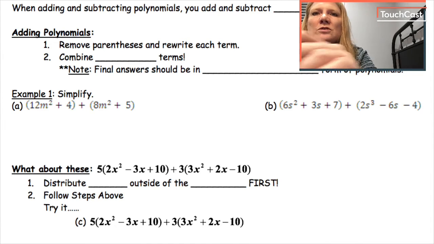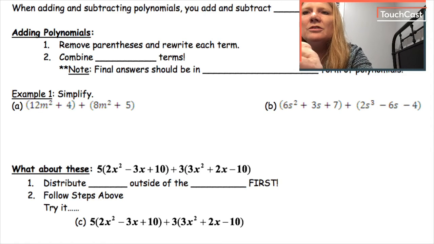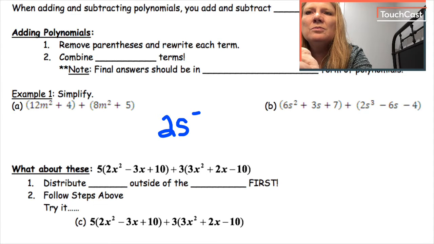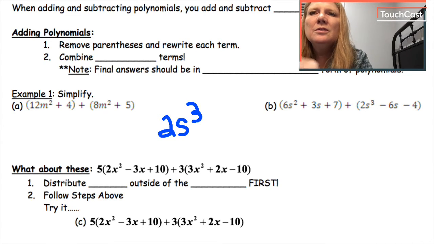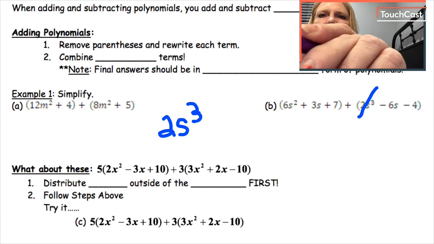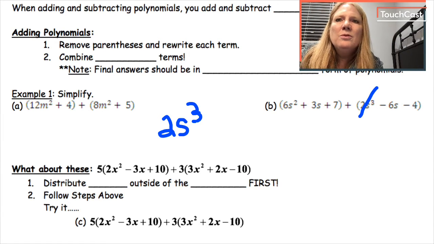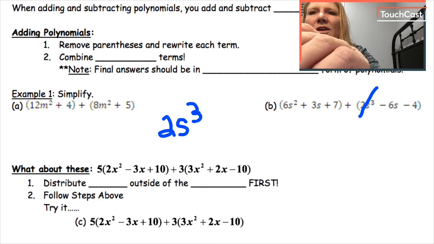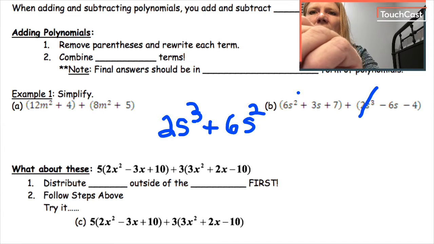And I am going to just bring that down. So that is 2s to the third power. Okay, and so I've used that one. And so now I look for the power of 2, and I just have this plus 6s to the power of 2.